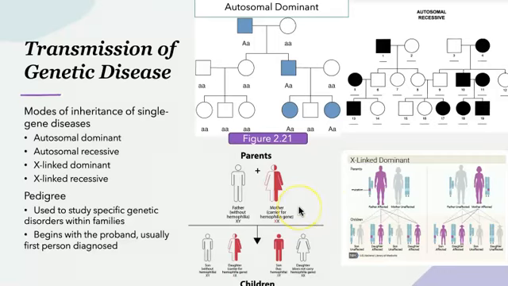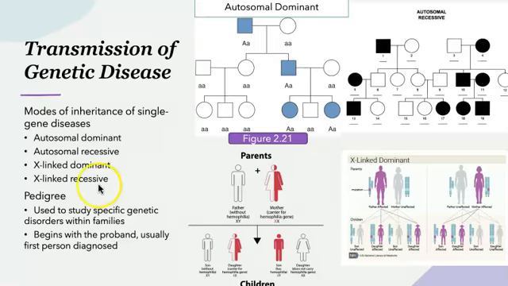And if we are to have a male who's affected, then all the daughters will be carriers. The sons of affected males will be unaffected, and unaffected sons, which we see pictured over here, can't transmit the disorder. Unaffected male children of a female carrier, which we see pictured here, don't transmit the disorder.